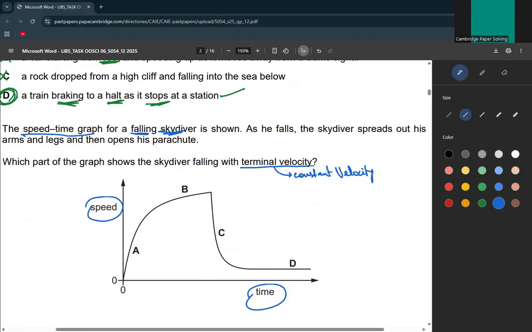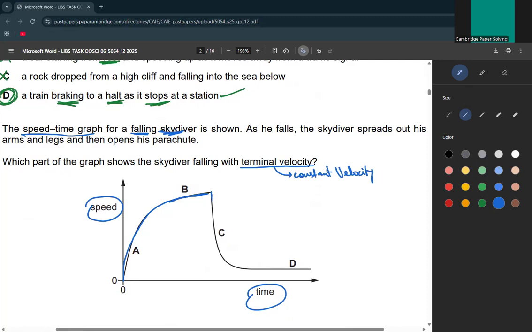So here we can see the speed is decreasing, and the slope is also decreasing.